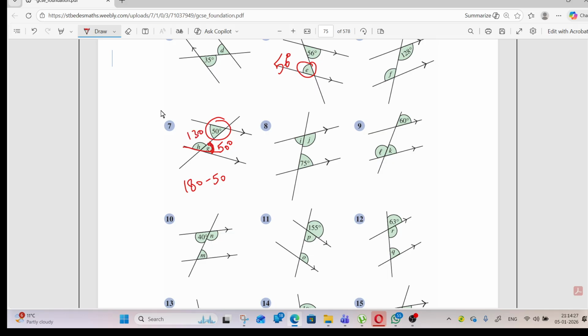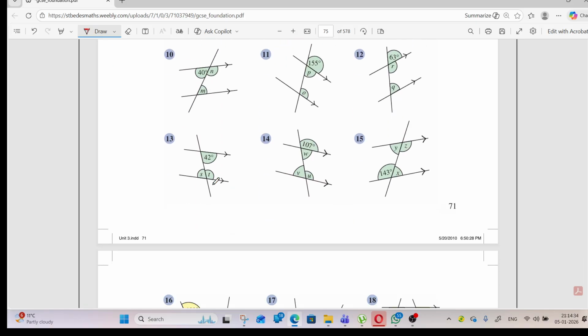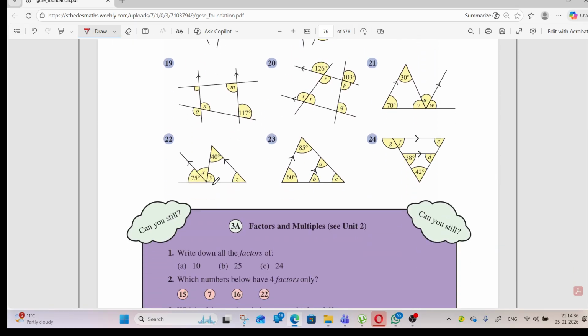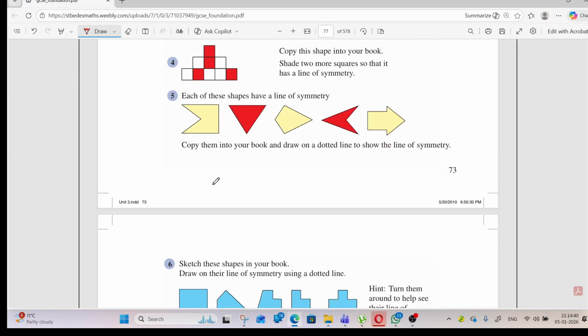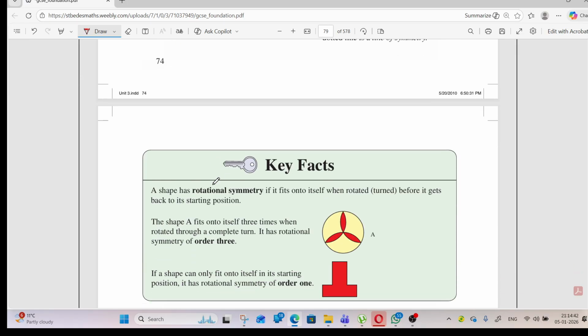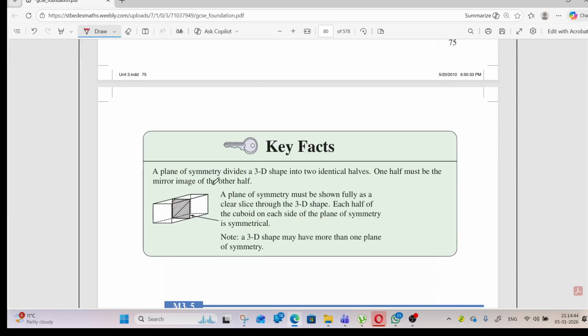So this is 130, right? Clear? Okay. Is this clear, angle one? So I'm going to share some questions in chat.